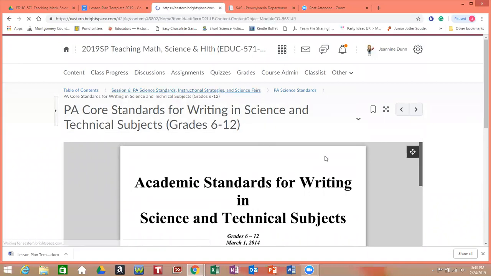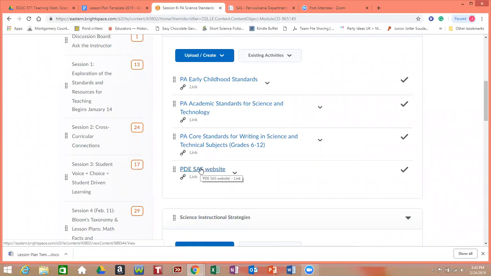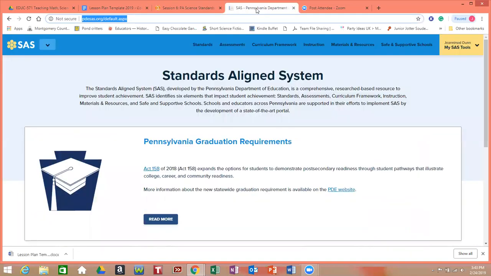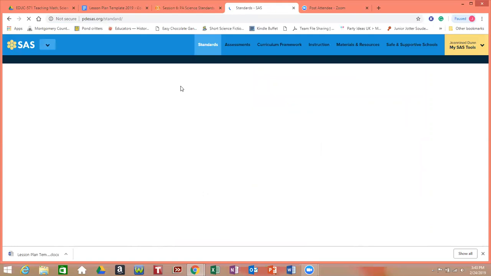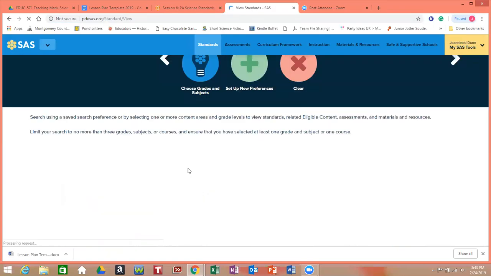All right, and then finally, I included the link on our page here for going to PDE, the SAS website. That's a real easy way to look up standards. So again, just a reminder, you would come here, click on standards. If you're creating a lesson plan for a particular grade level, you can go to view standards.